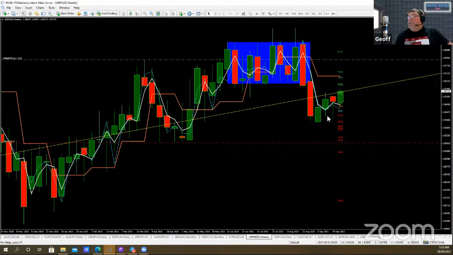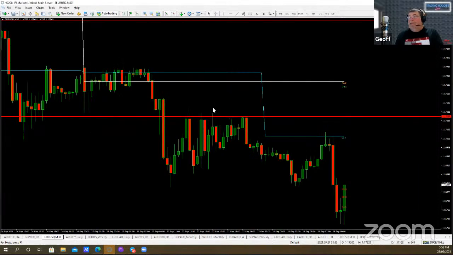May not stay that way, of course, but I'm hopeful that we'll at least get to the monthly pivot before we then retest the top side of the bottom of our channel, and then we can look to go long again. The last one was euro dollar, and euro dollar, as we have discussed at length.